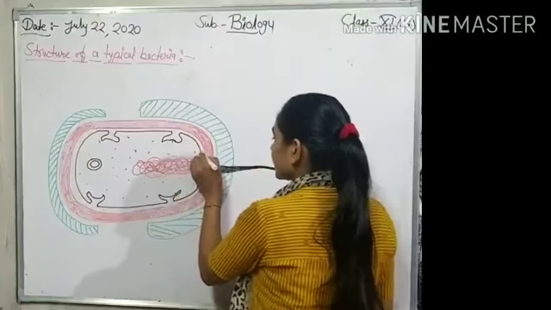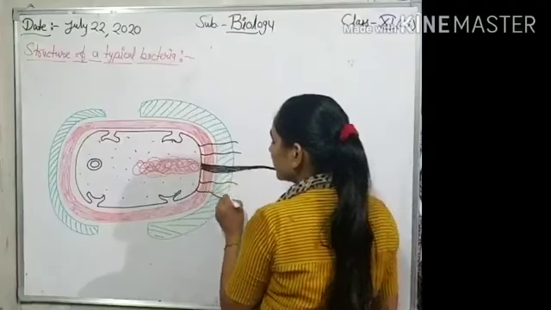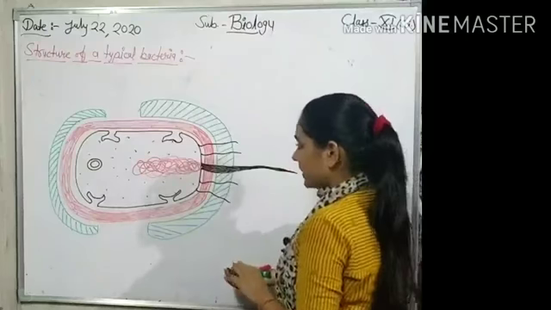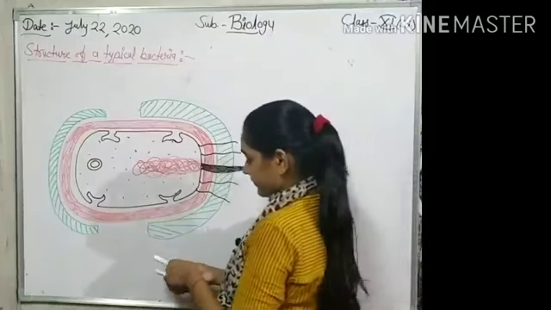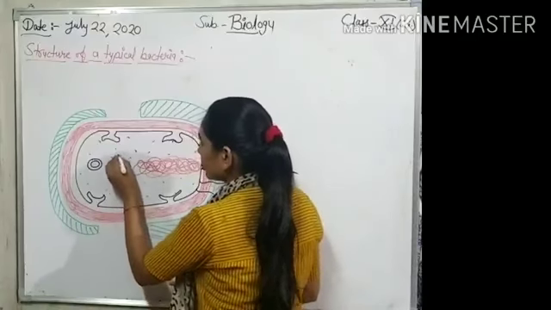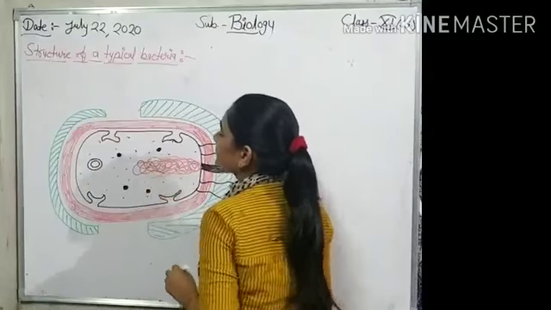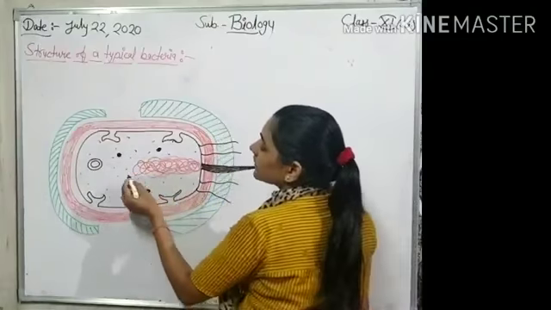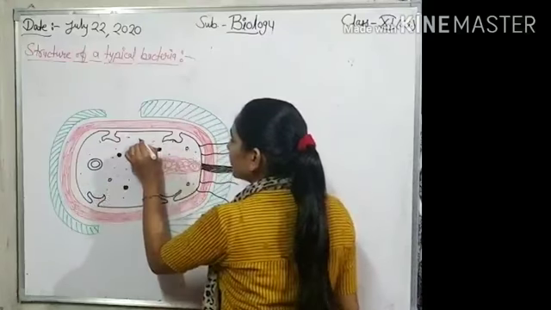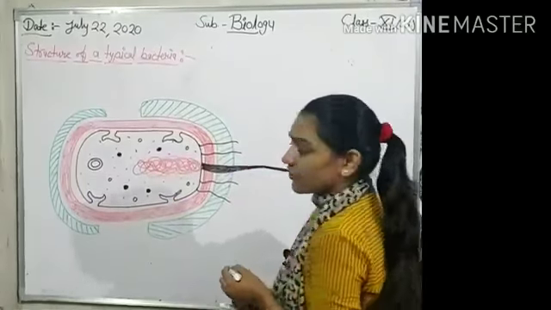And some hair-like structures also emerge, known as villi, and 70S ribosomes are also found in the cytoplasm, and some inclusion bodies are present. Okay.